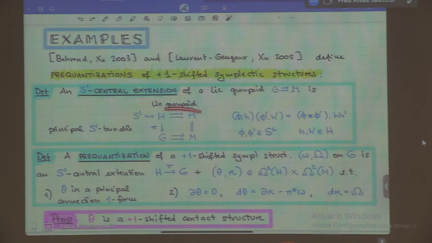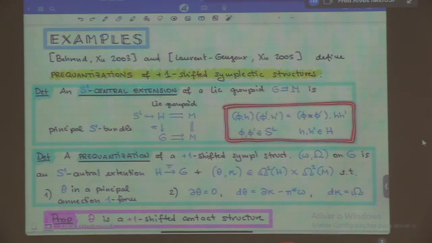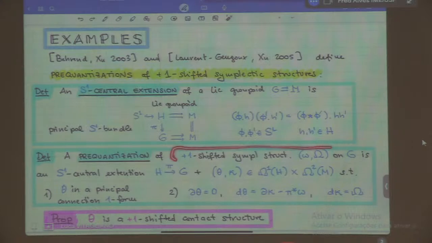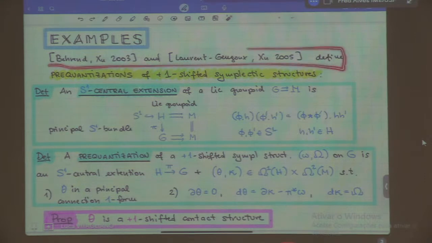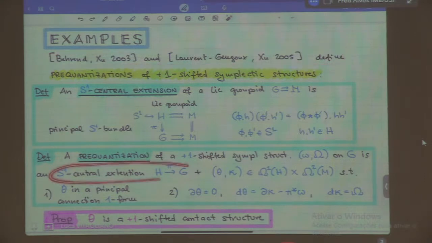This is just another Lie groupoid with the same objects, with an additional structure of S1 principal bundle over G, in such a way that the principal bundle structure and the groupoid structure are compatible, so they commute in an appropriate sense. Now, given a +1 shifted symplectic structure on G, a pre-quantization is just an S1 central extension. This is the original definition in these papers.